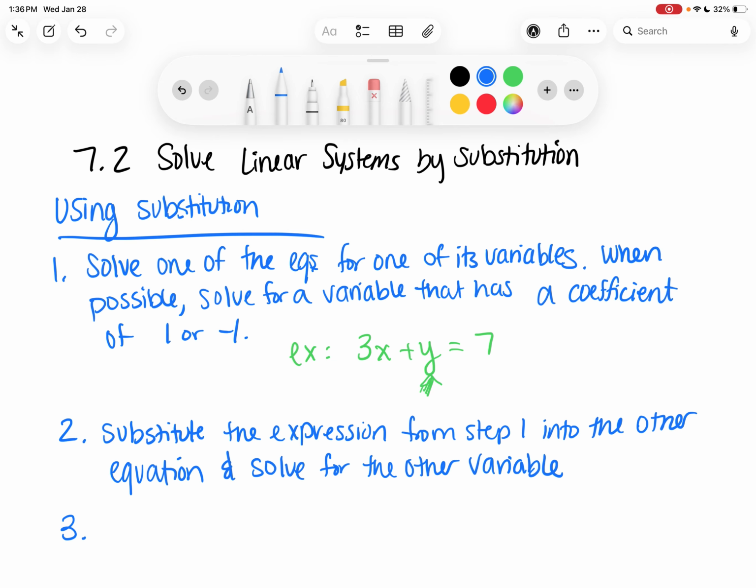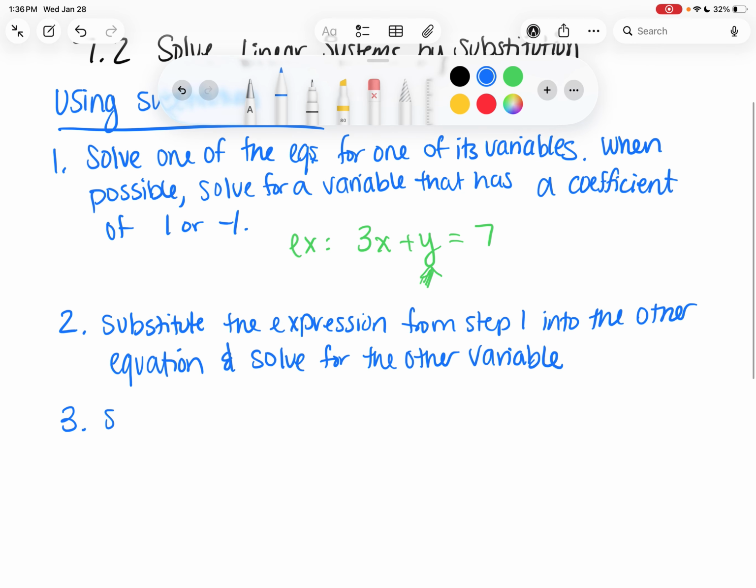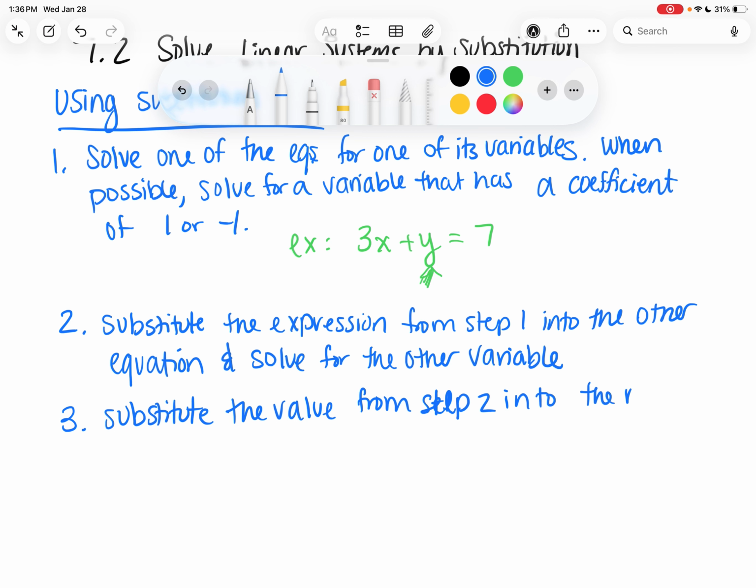And then the final step is to then substitute. Bet you can't tell why this section is called substitution. The value from step 2 into the revised equation from step 1 and solve.